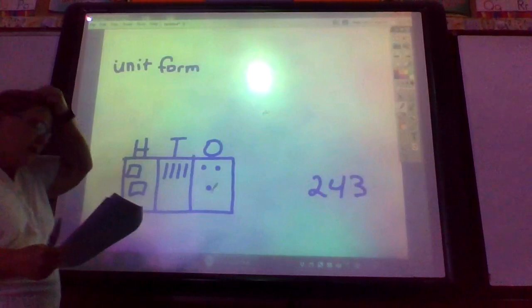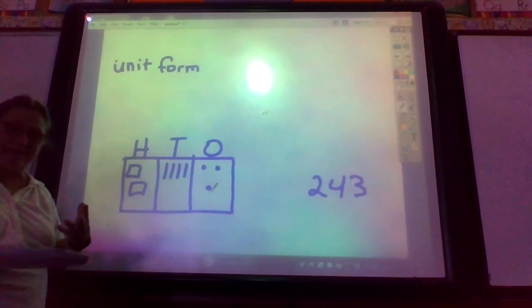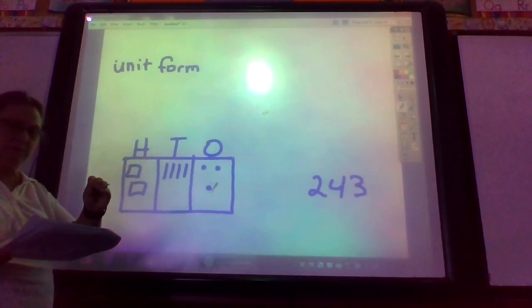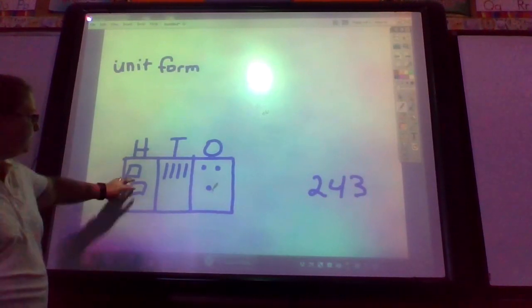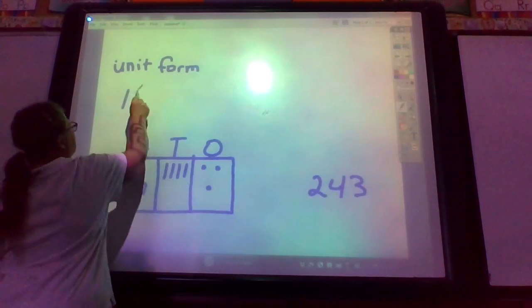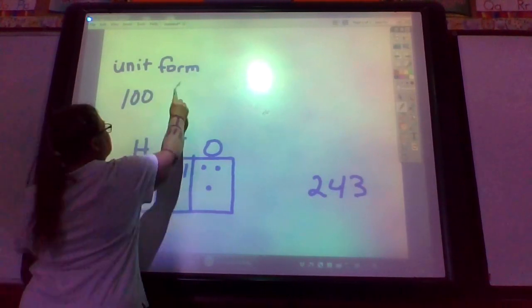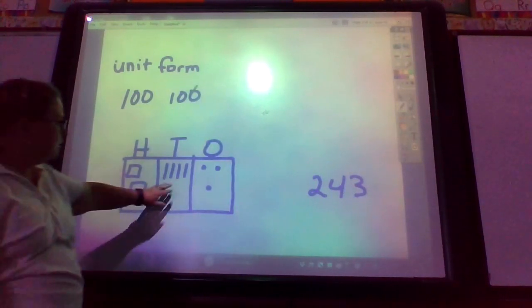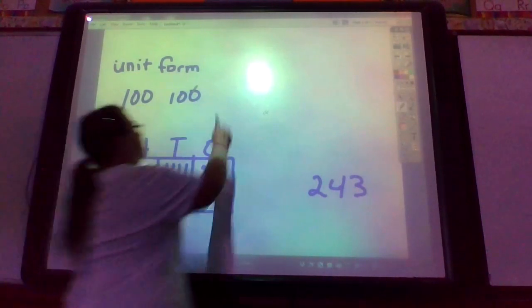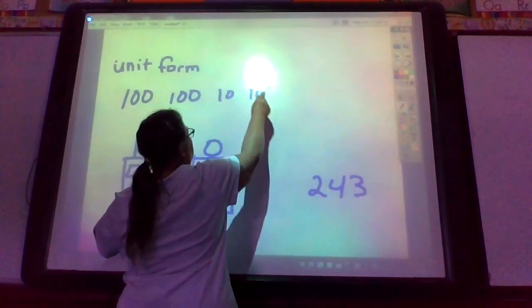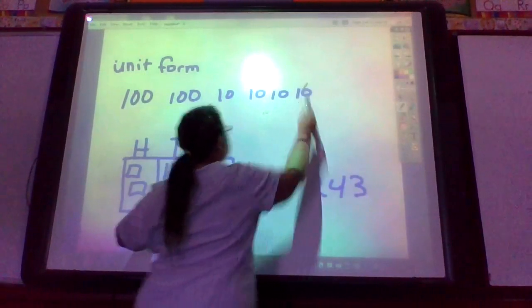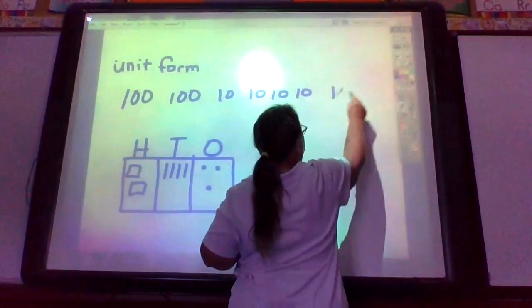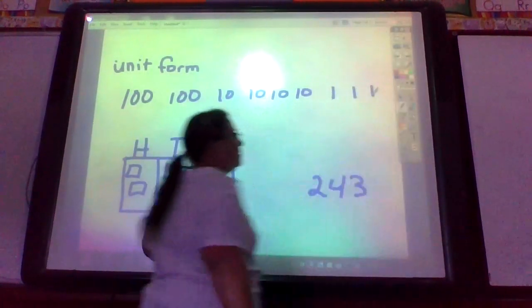Okay? So if I have that in there, well, I'm going to add today. I'm going to write it all out so we can see it with numbers. So if I have 200s, I would have 100, 200. Here, I would write 4 tens: 10, 10, 10, 10, because I have 4 tens. And then I have 3 ones: 1, 2, 3. Those are my ones.